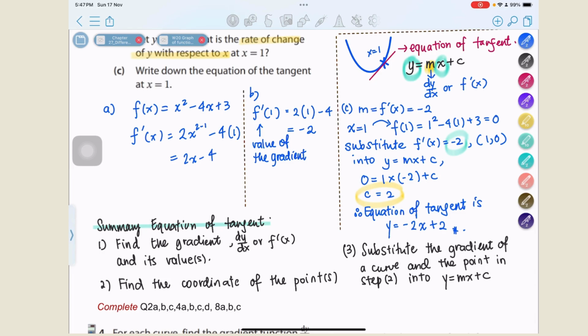Not yet done. This only helps you to find your c, your y-intercept. Don't forget, we have to form the answer nicely.